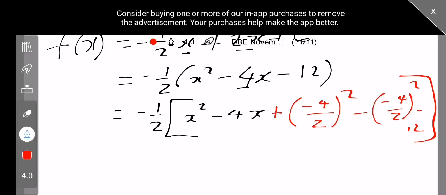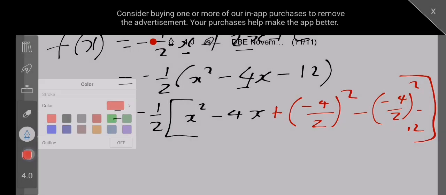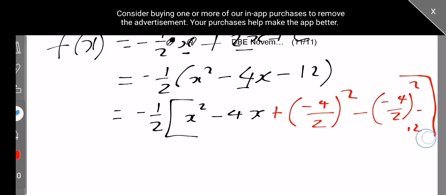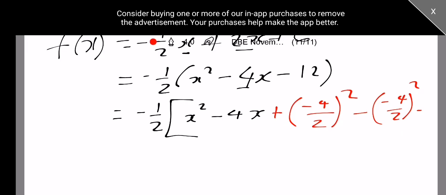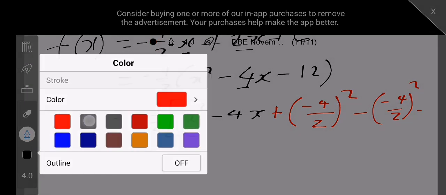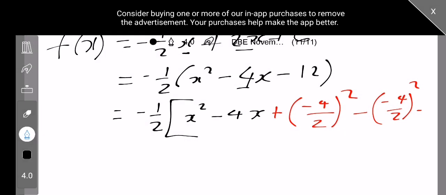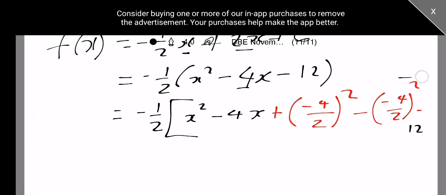Sorry, pardon me for this. Let's go back to our original color, minus 12.